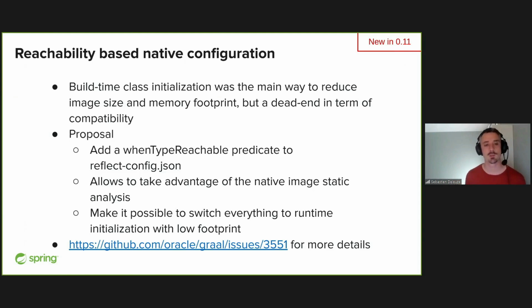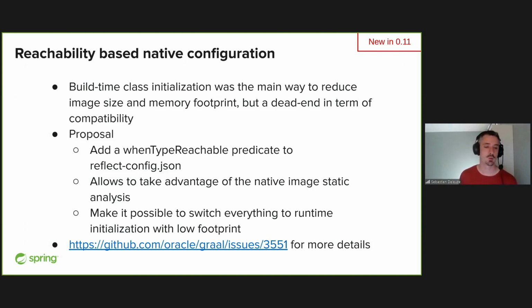So this proposal is about adding a when-type-reachable predicate that allows you to make a reflection entry of the GraalVM native image configuration only active when a certain type is reached by the native image static analysis. And that's super powerful because it allows you, with a static configuration, to take advantage of this static analysis.